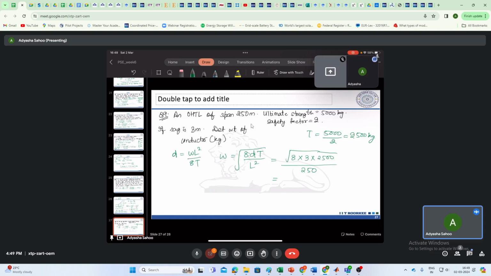This will come out as 8 into 3 into 250 by 250. Getting it as 0.98. This is in kg per meter.